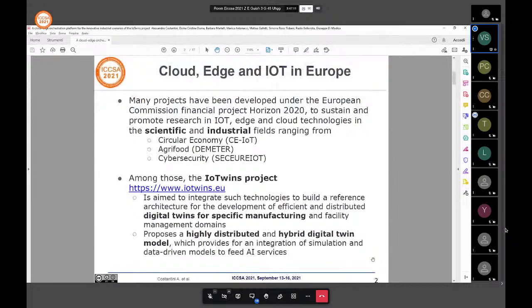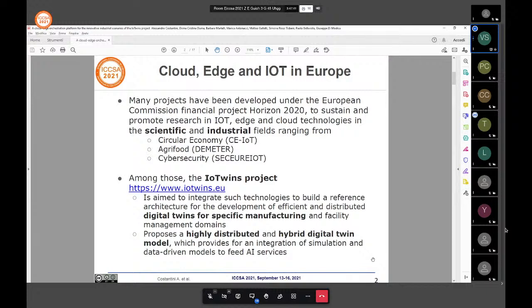As you probably know, cloud, edge and Internet of Things technologies are growing in interest also inside the European community, and there are projects that use such technologies for their activities in different fields, for example, in scientific and industrial fields.